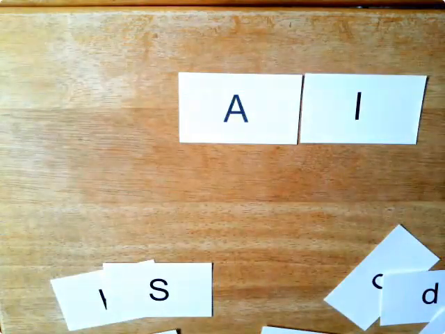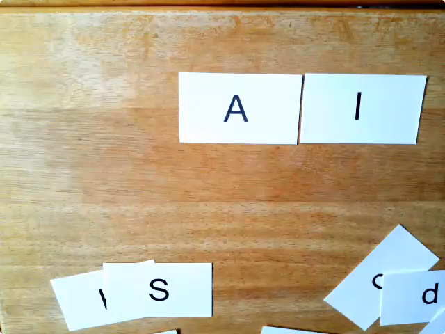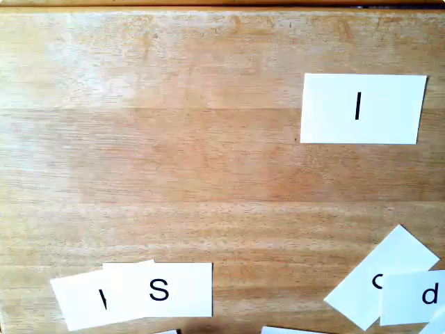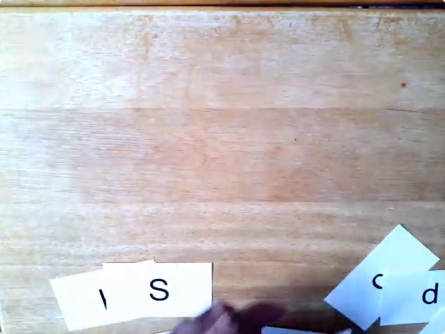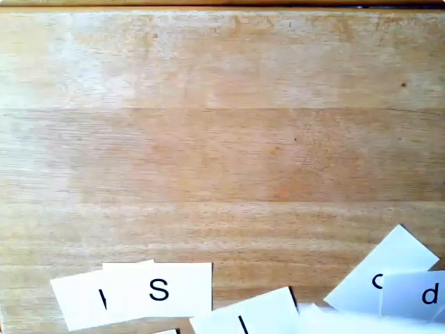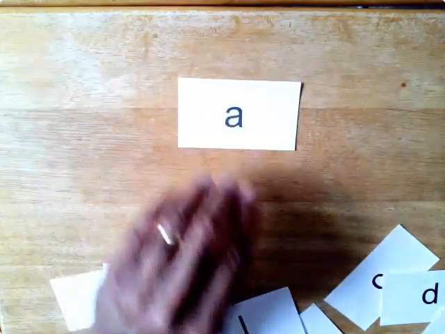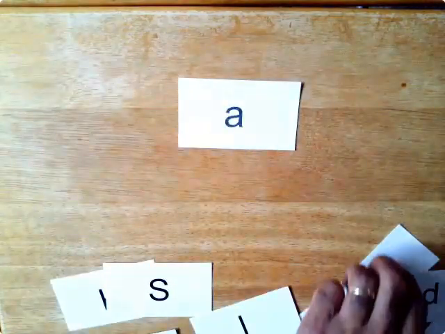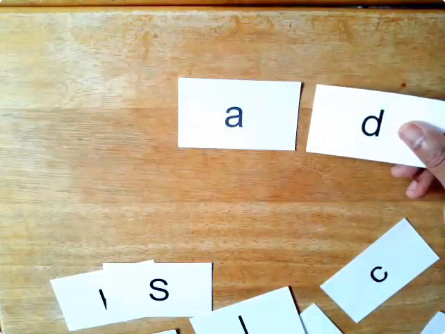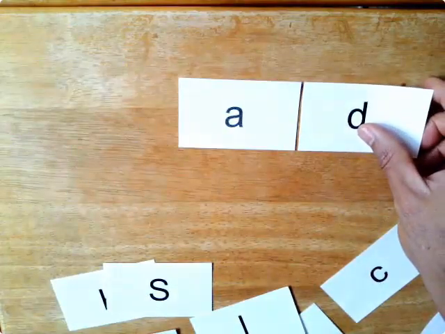Now let's see if we can make some other words using some other sounds. We're going to take this A out of the way. Take our O out of the way. Put our vowel sound back. Ah. And we're going to put this word together that we did before. D, add. Okay.